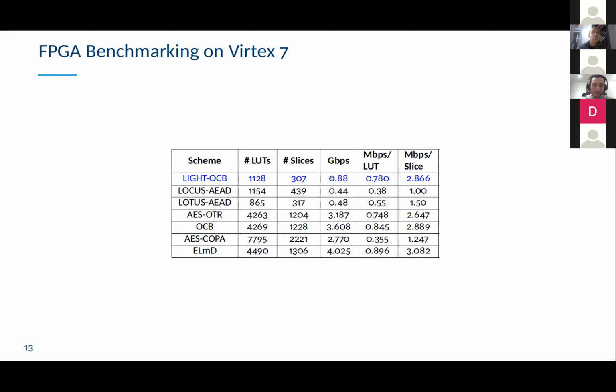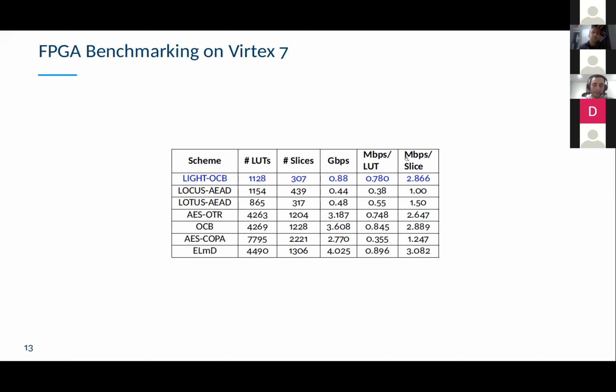Overall, area and throughput both have been optimized, and it provides a much higher Mbps per LUT. The area of Light-OCB is slightly higher than Locus-AEAD, but on the other hand, the throughput is much higher for Light-OCB. And for all the other parallel constructions with known implementation results, we have a better hardware area, as well as good values of Mbps per LUT and Mbps per slice.